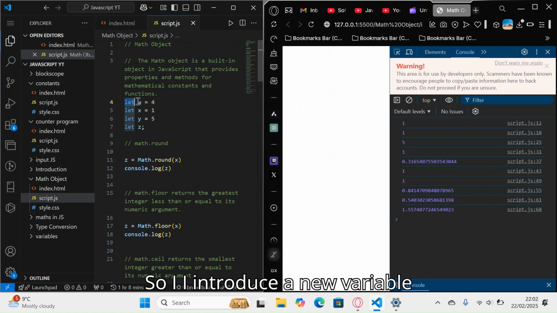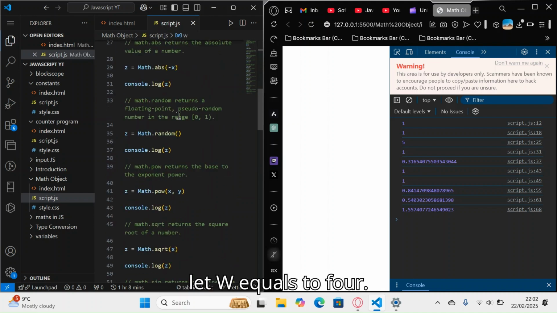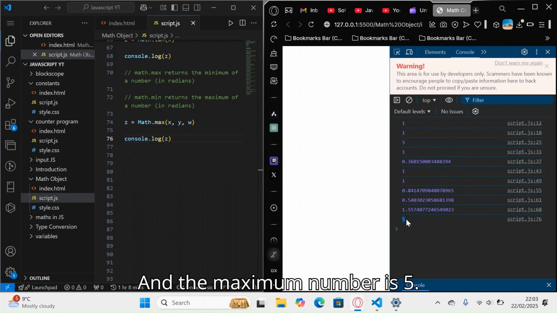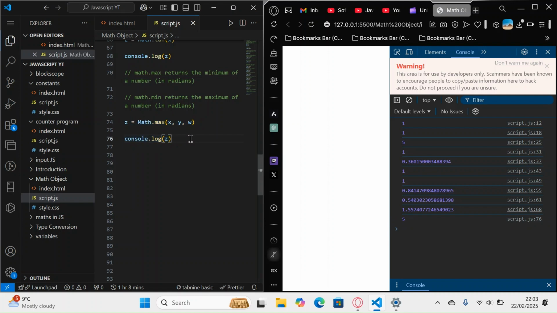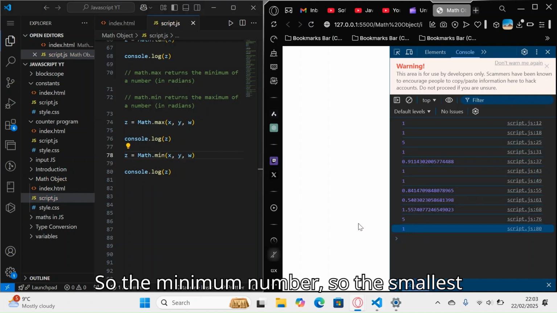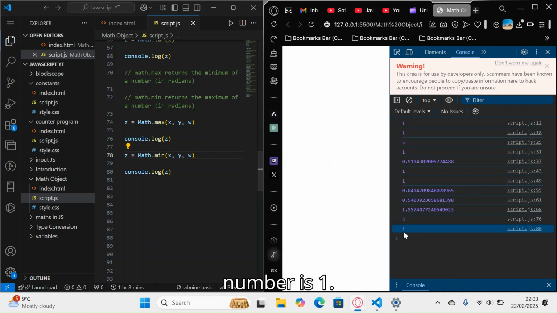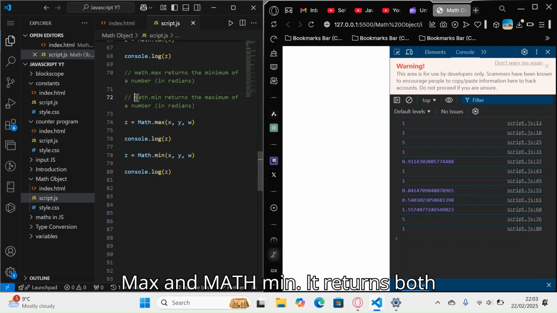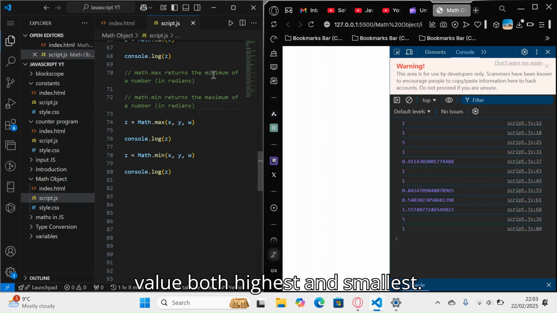So I introduce a new variable, let w equals 4. Okay, so let's use console.log, and the maximum number is 5. Copy and paste, modify this to min. So the minimum number, the smallest number, is 1. So this is what math.max and math.min do. They return both the highest and smallest values.